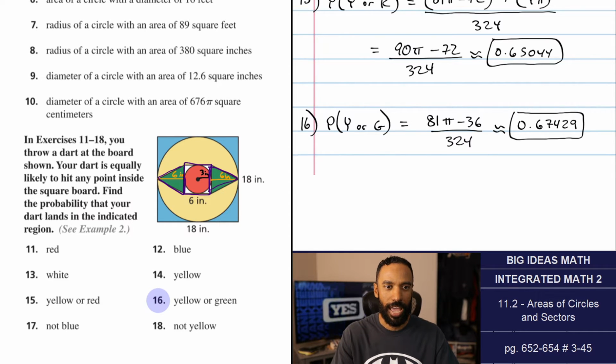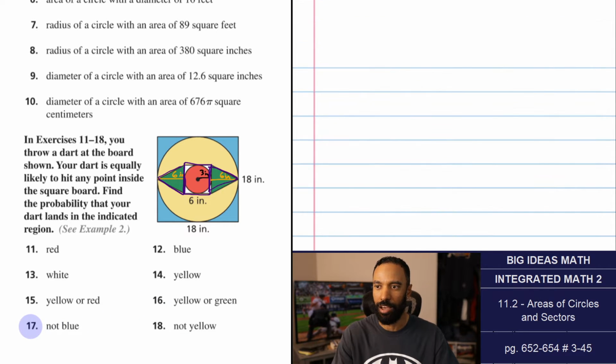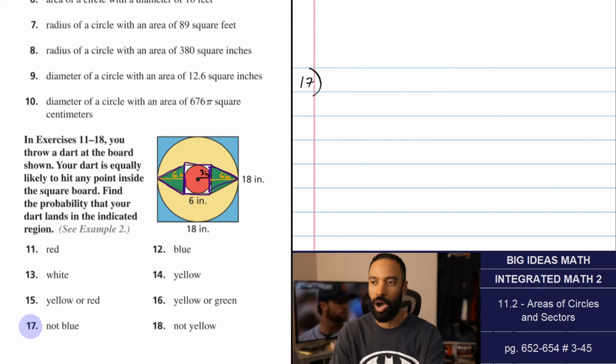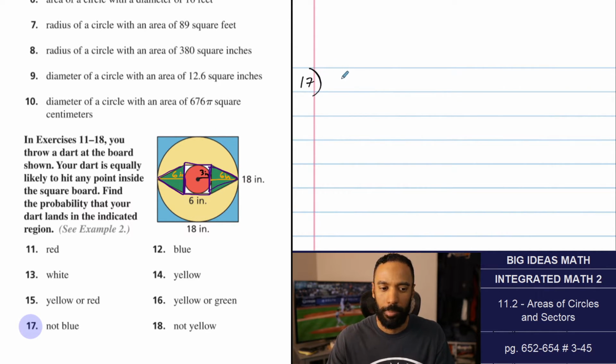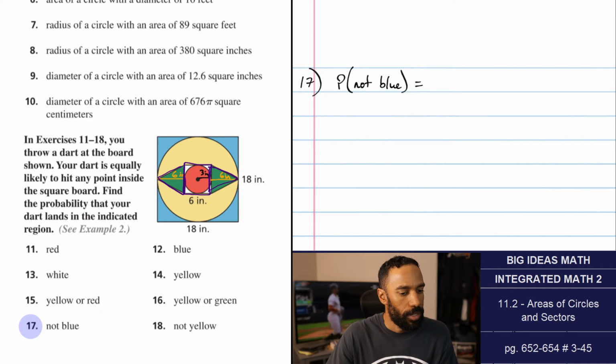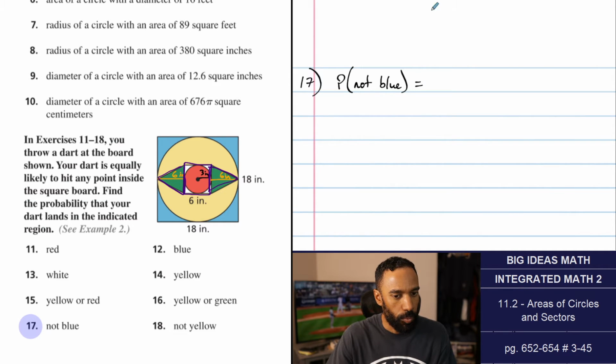Two more, not blue and not yellow. So number 17, probability of not blue. Not blue means everything that's not blue. That basically means everything inside this yellow region. So we get to do all of that. So probability. Now listen, you have another option. I want to show that both should work here. So we can either do what I just said.